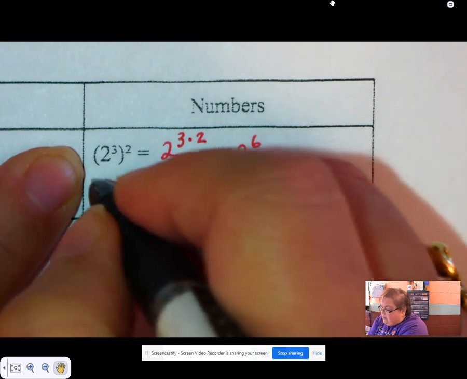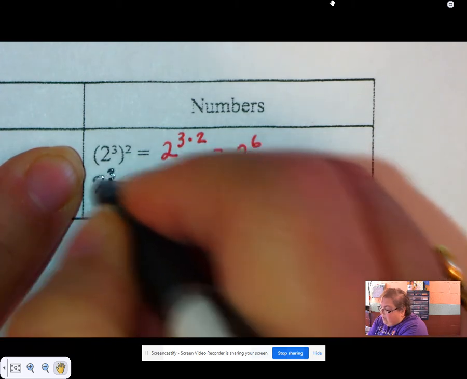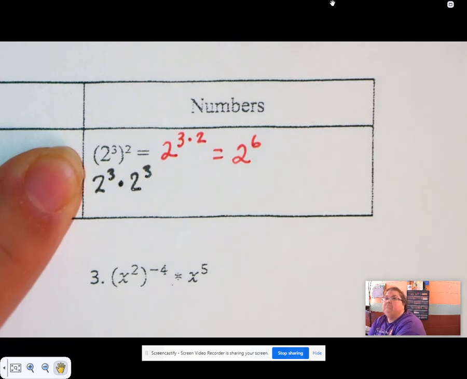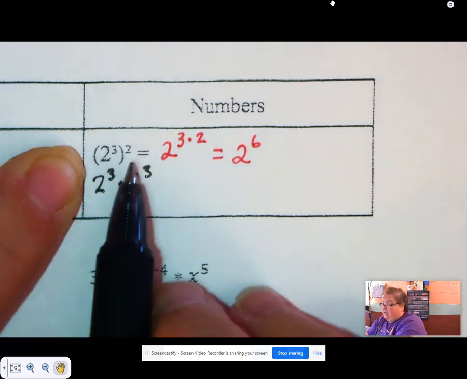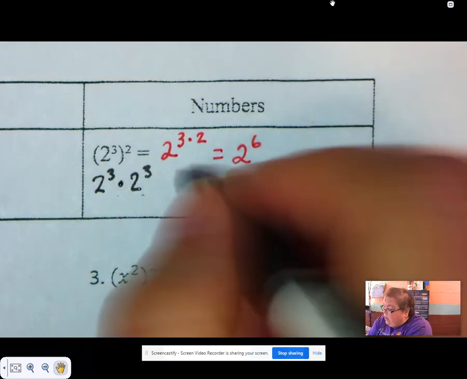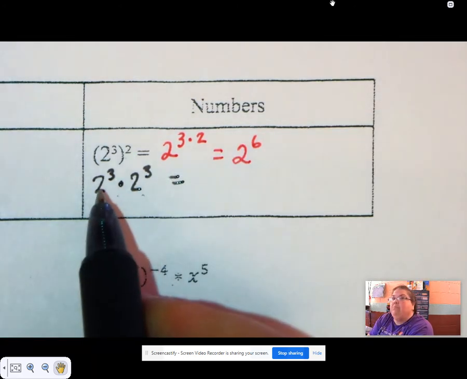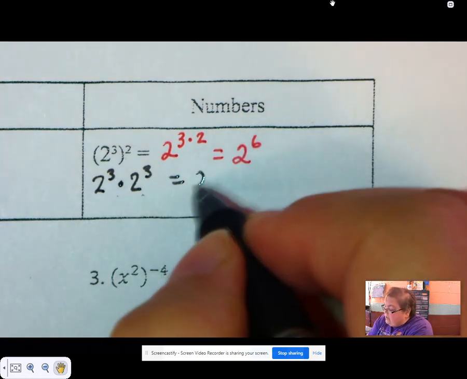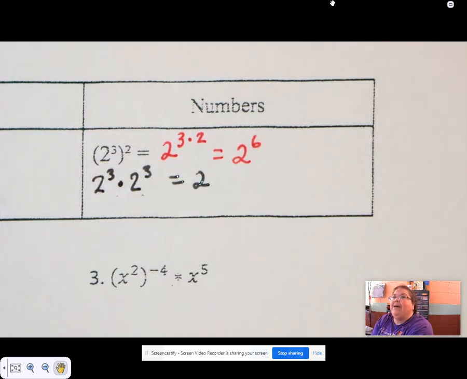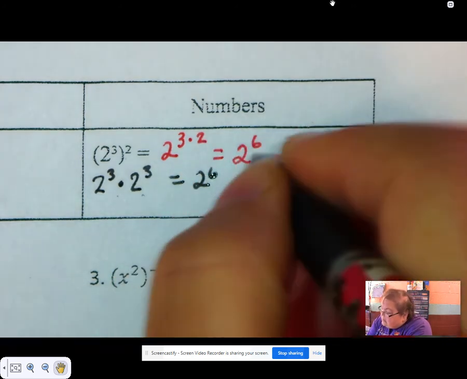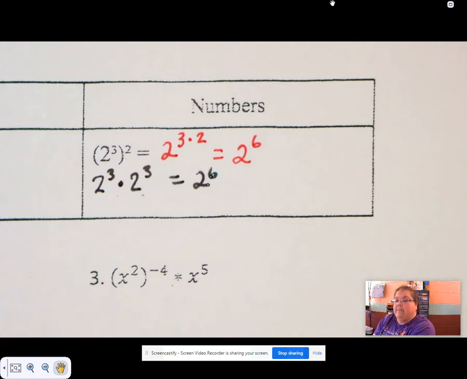So this is 2 to the third power times 2 to the third power, multiplied twice. When I am multiplying, I have the same base, just like yesterday. We keep the base, add the exponents. What's 3 plus 3? 6. See, 2 to the sixth power.